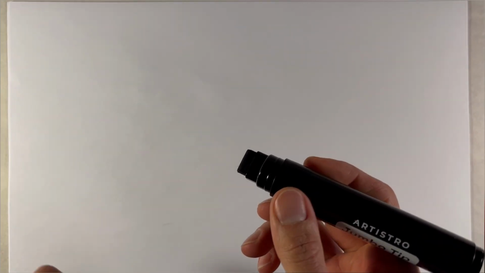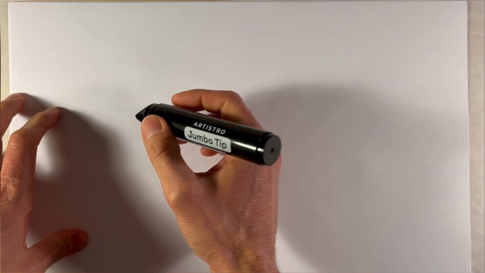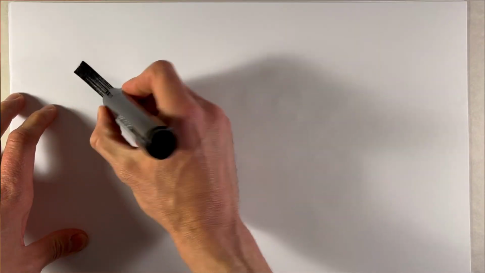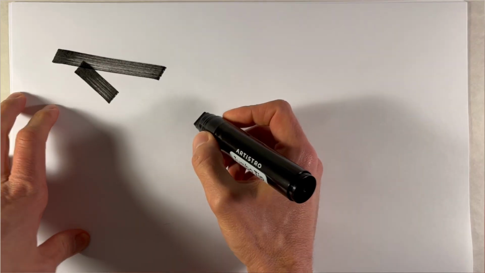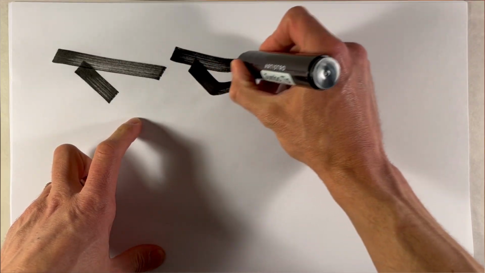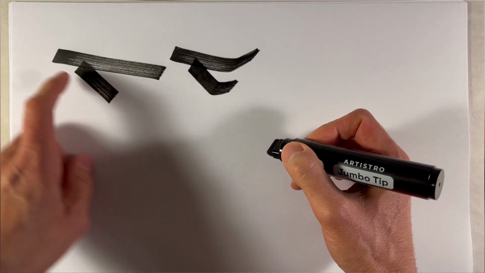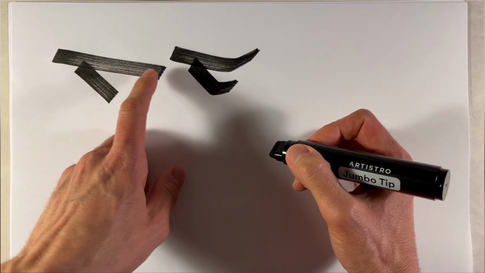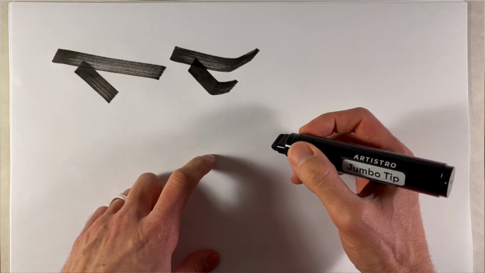A good exercise for working with proportions is to do 2 marker strokes. Okay, think about dominant, subdominant. Now sometimes you may want to vary your shape. Instead of just having 2 rectangular shapes, maybe start to alter your shapes.